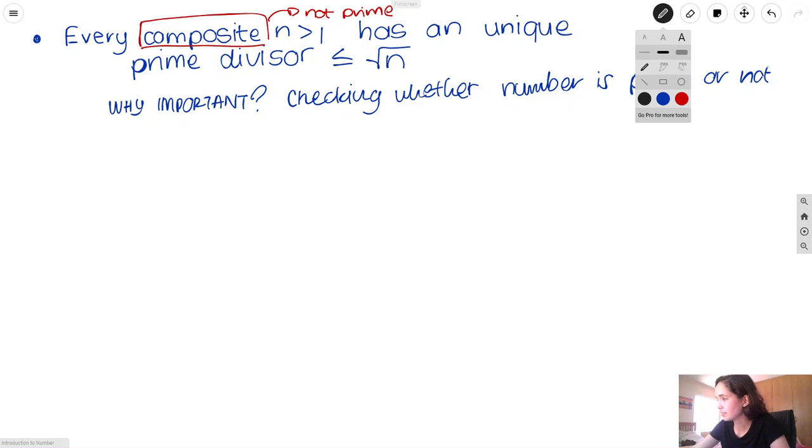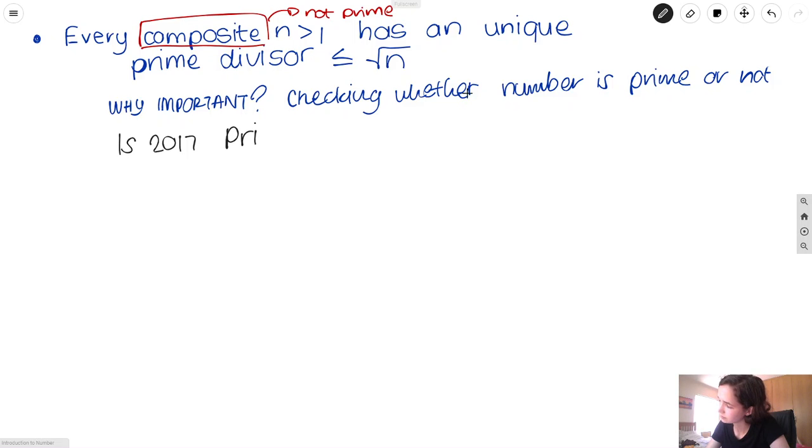So let's say we had to check whether the number 2017 is prime. If we wanted to check whether the number 2017 is prime, which it is, you'd think we'd have to check all of the prime numbers going from 2, 3, 5, 7, 11, up till 2017, which is a lot of work.